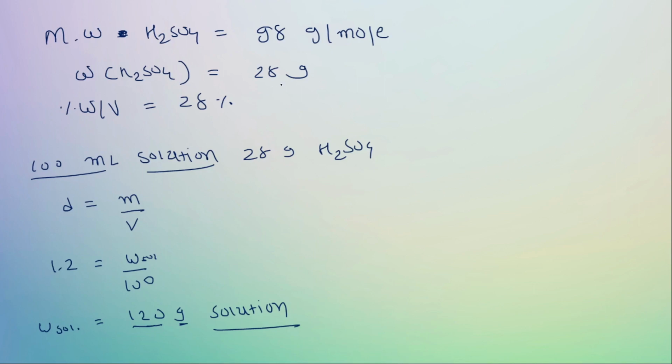So we will get the weight of the solvent, for what? To find the molality of the solution. So Ws is equal to 120 minus 28 will be equal to 92 gram solvent, means water.